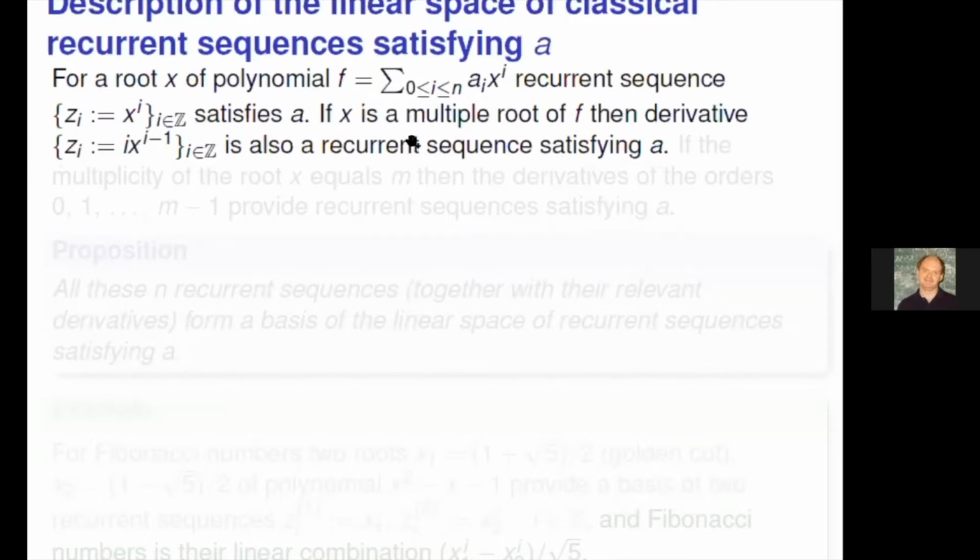If, say, x is a multiple root, then the derivative is also a recurrent sequence satisfying A. It is a well-known thing which I just briefly remind.